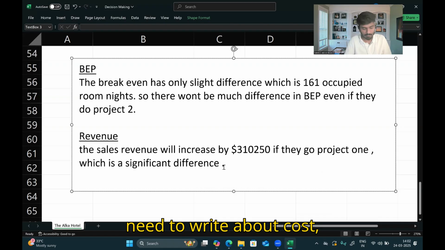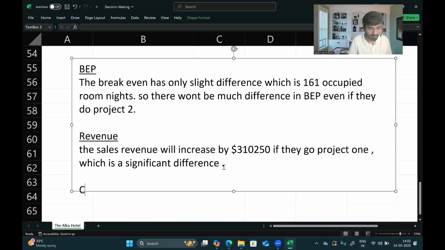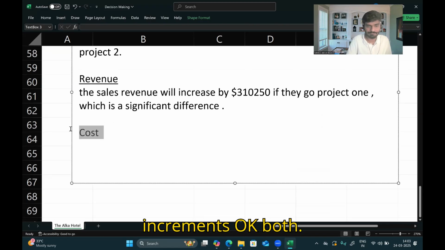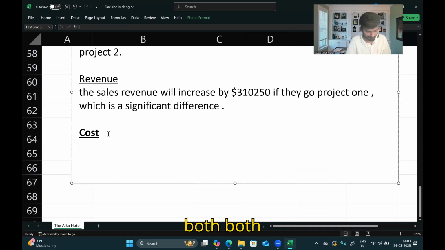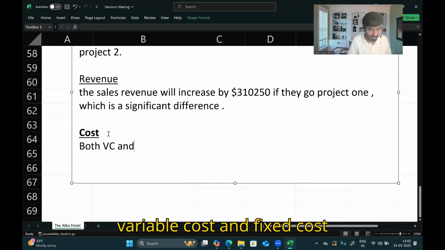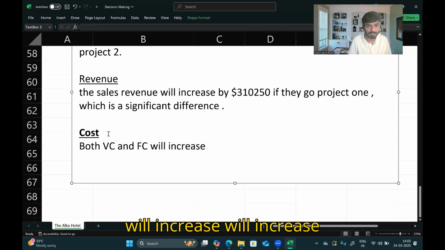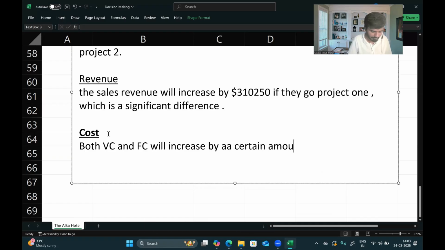So we need to write about cost. The cost increments. Both variable cost and fixed cost will increase by a certain amount if they do project 2.